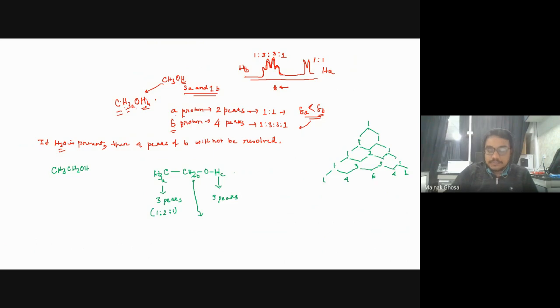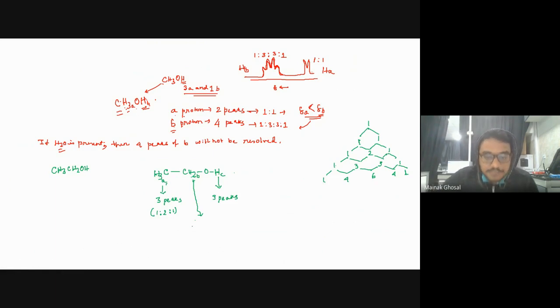That means there should be 4 plus 1, so 5 peaks will be there for CH2 proton. That is not the case. Why that is not the case? Because these two protons are not equivalent. The CH2 protons will interact, and they are not equivalent. So this will completely depend upon which coupling is much more favored.